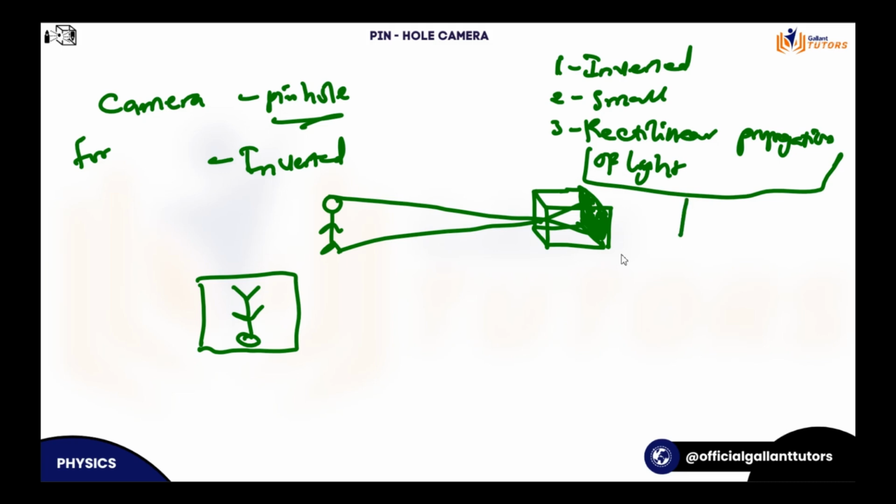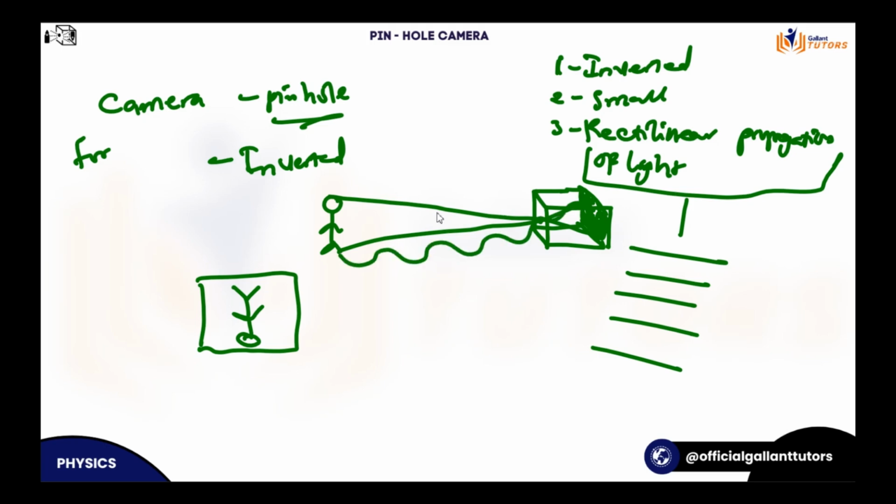It's very simple. It talks about the transmission of light in a straight line. That's why, when I was drawing this line, it wasn't a wiggly line; it was an absolutely straight line. That's simply what rectilinear propagation of light is.